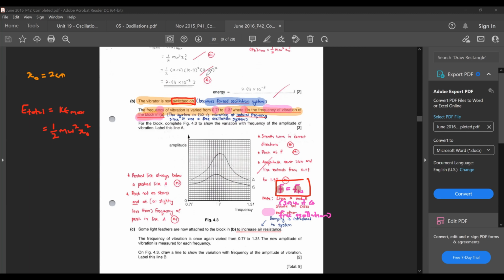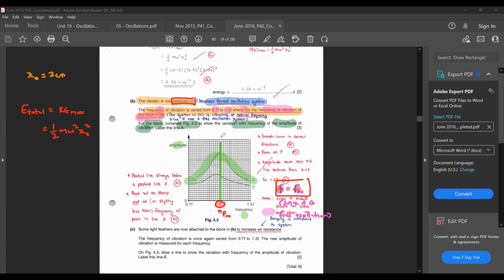Then here they ask you to complete the figure below to show the variation with frequency of the amplitude of vibration of the mass, and then label this line A. So this particular part here, F, is actually your natural frequency. When you want to draw your resonance curve for amplitude versus frequency, it will just be something that looks like this.